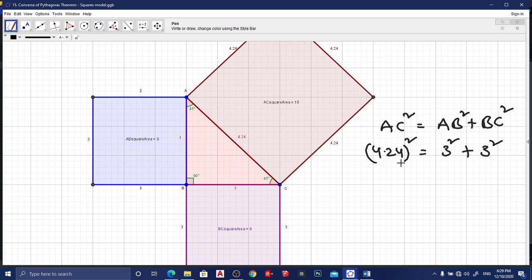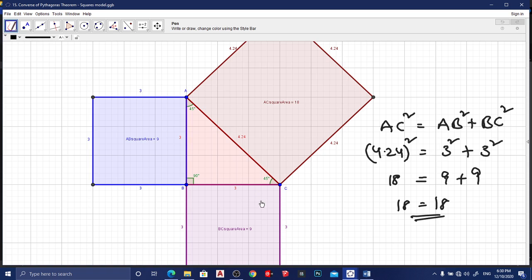So 4.24 whole square is how much here? If you multiply that you will get 18. 3 square means 9, and 3 square here also 9. So 9 plus 9 is 18. So it is equal. Since AC square is equal to AB square plus BC square, the given triangle is a right angle triangle. This is the converse of the Pythagoras theorem.